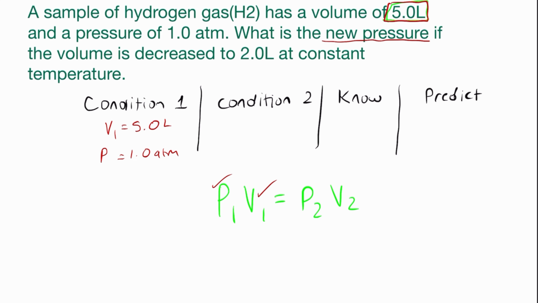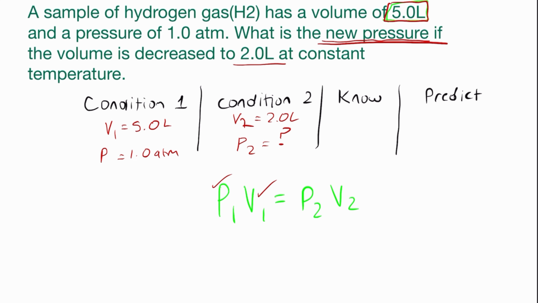So now for our V2, we know it is 2.0 liters because that's what's given. It says it's decreased to 2 liters. What we don't know is the second pressure because it says what is the new pressure. So that one we don't know. So what else can we get from this problem?